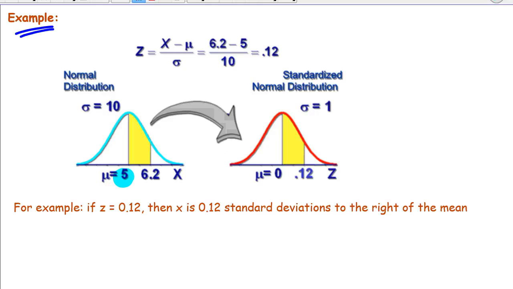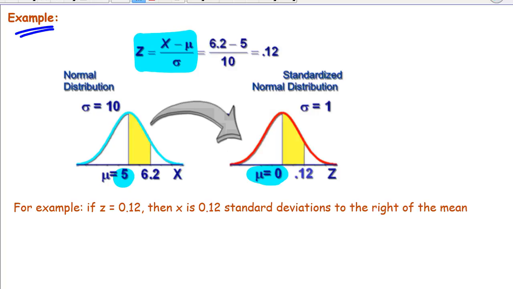If you use this formula, 5 minus the mean itself, so 5 minus 5, you end up with 0. And that's why you end up with a mean of 0 in the standard normal distribution. So our new mean is 0 because 5 minus 5 is 0.